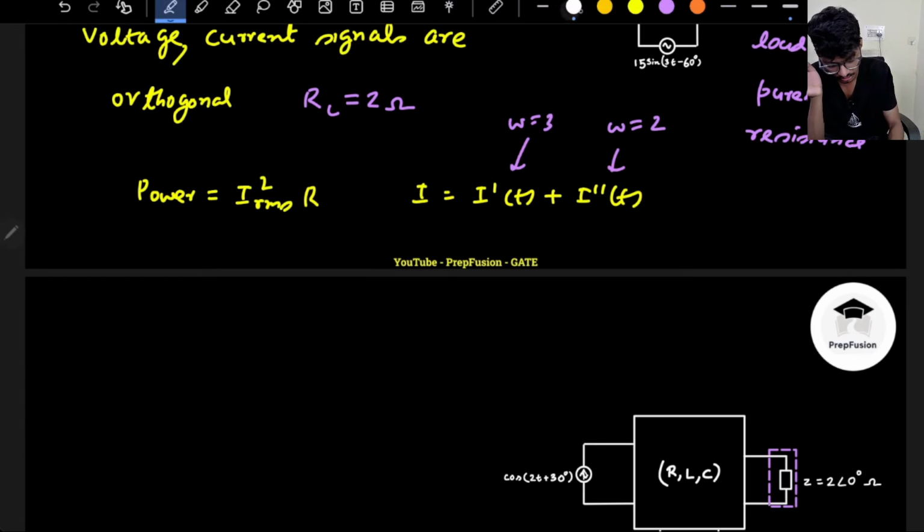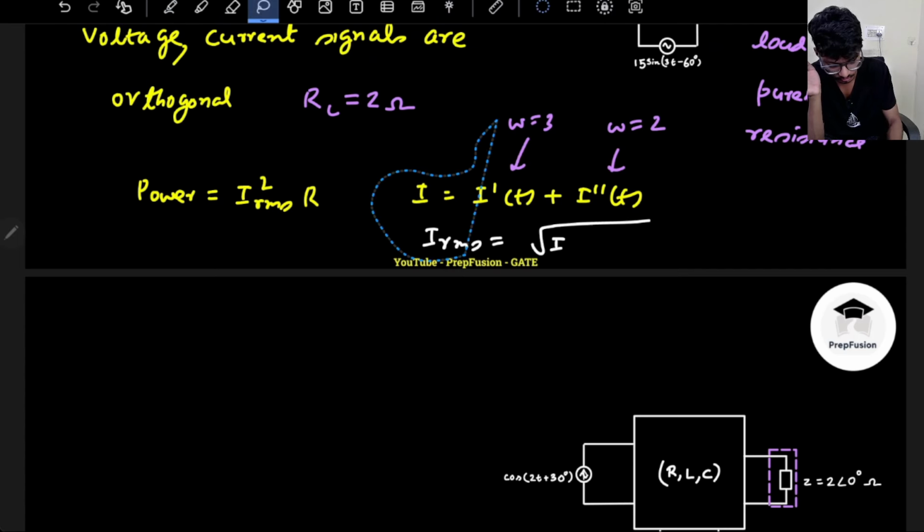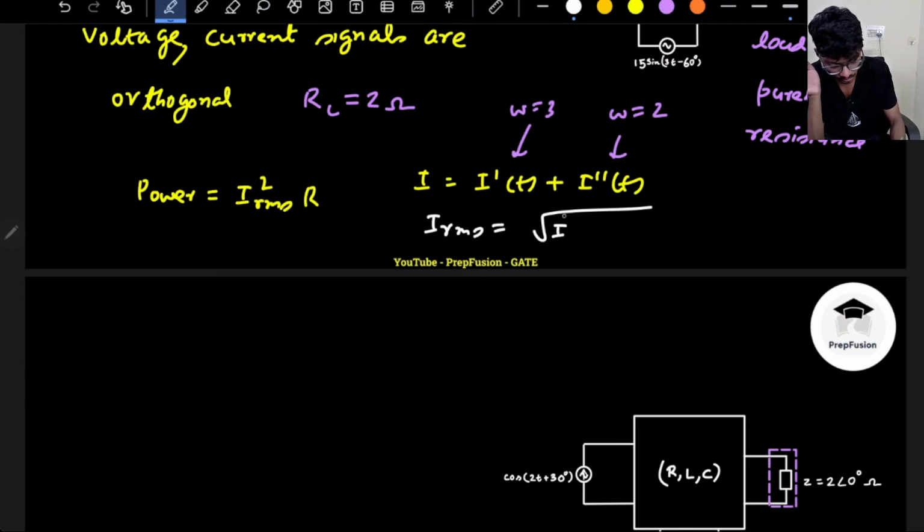IRMS will be under root of, I hope you know this, we have learned this in the power chapter, I hope you have not forgotten it yet, under root of I dash RMS whole square plus I double dash RMS whole square.